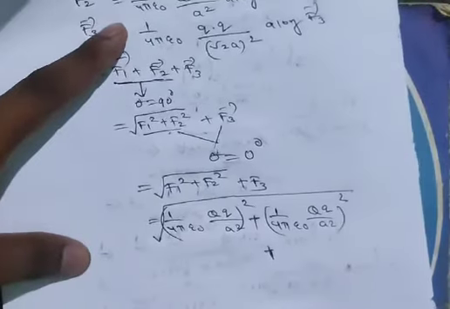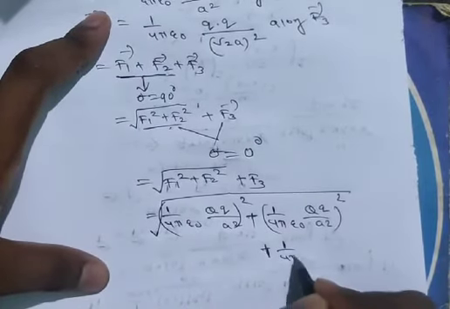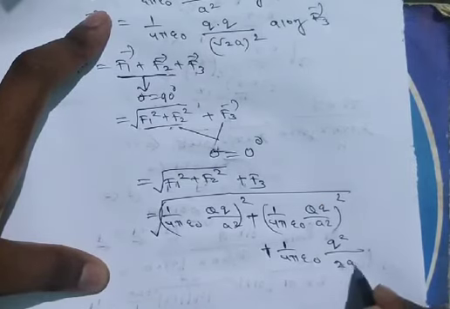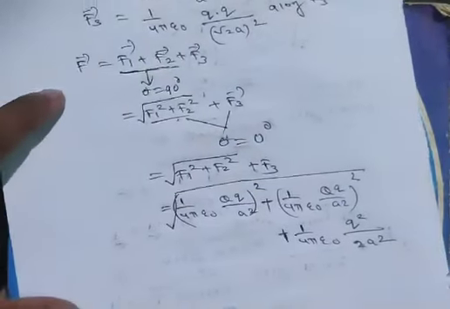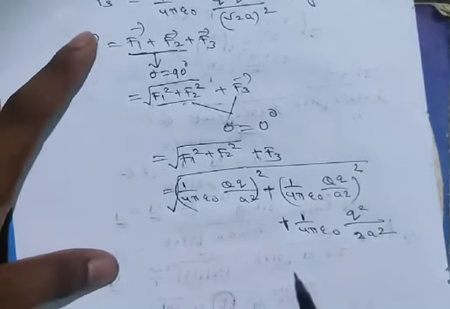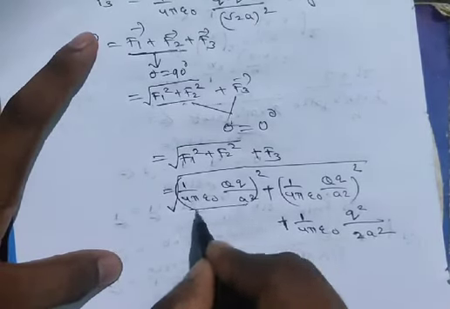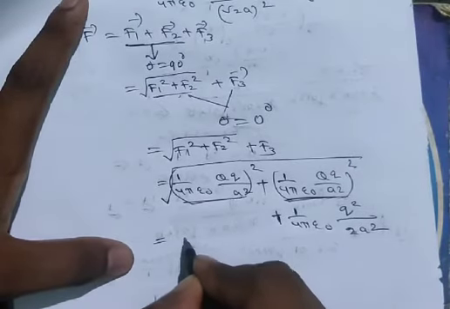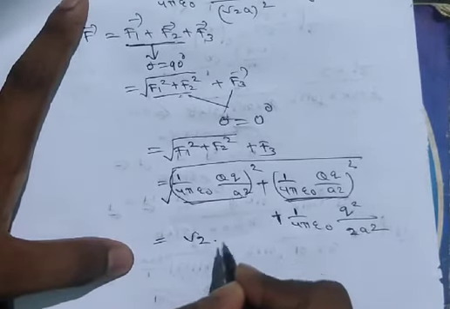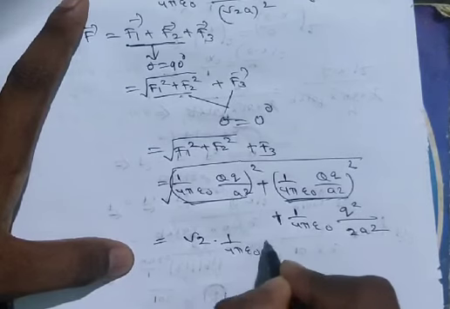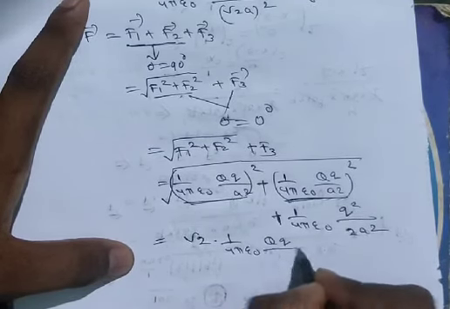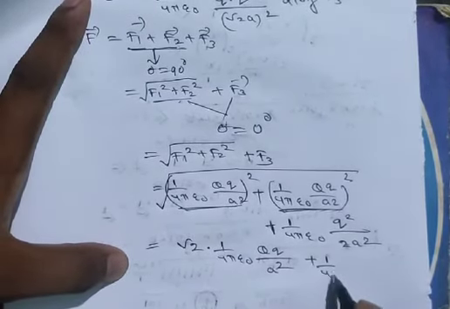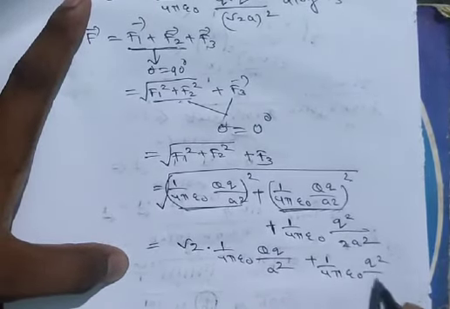F3 was 1 by 4 pi epsilon q square by 2a square. Both are the same, so it will be root 2 into 1 by 4 pi epsilon capital Q small q by a square, plus 1 by 4 pi epsilon q square by 2a square.